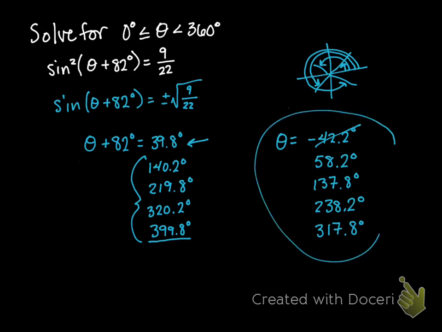And these are going to be our answers right there for theta between 0 and 360. And that's why we know we can't have that negative one, because of that rule up there.